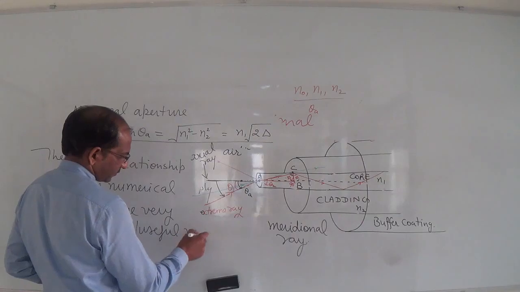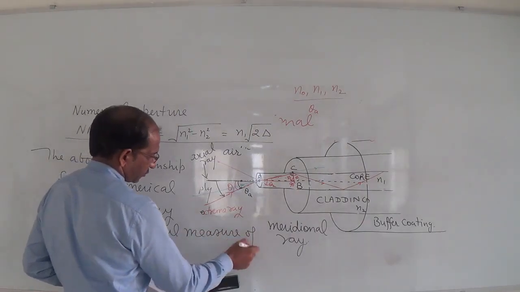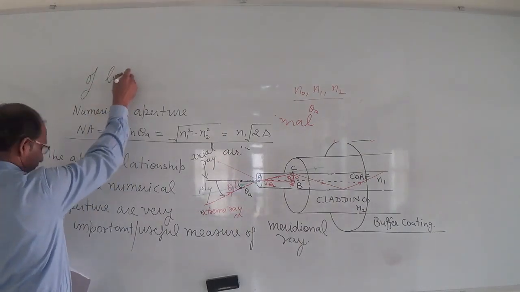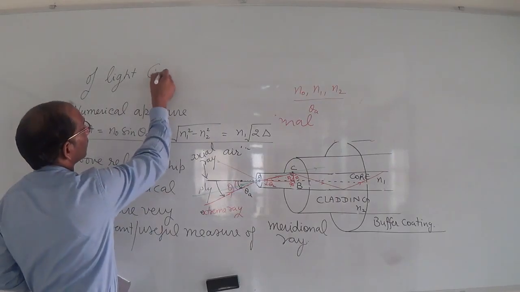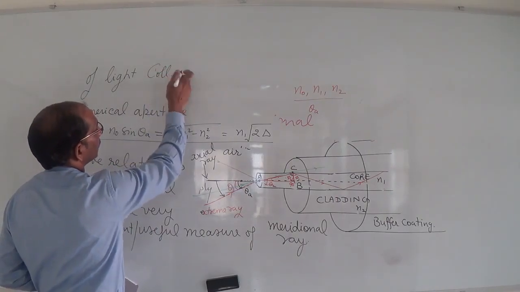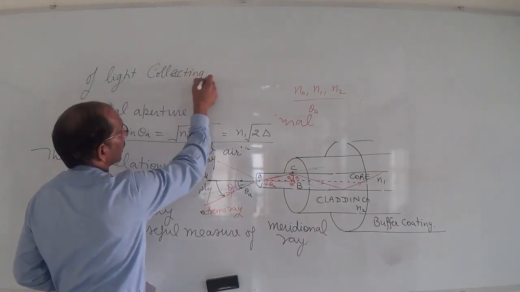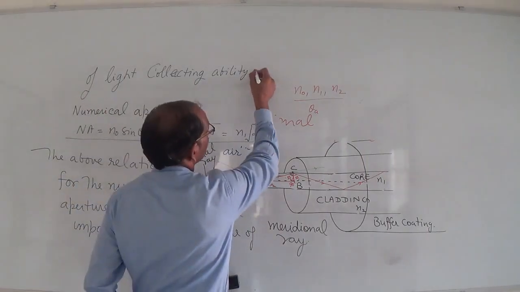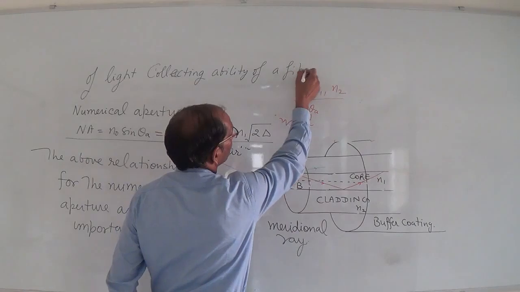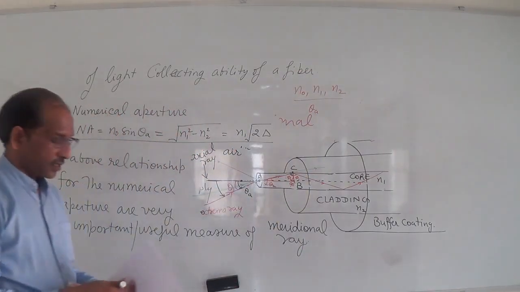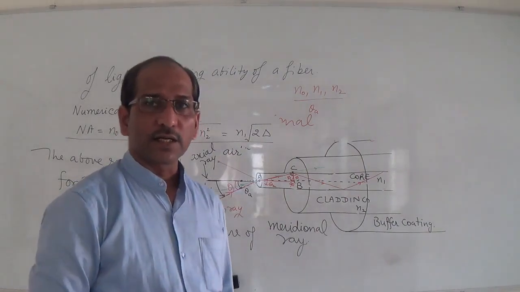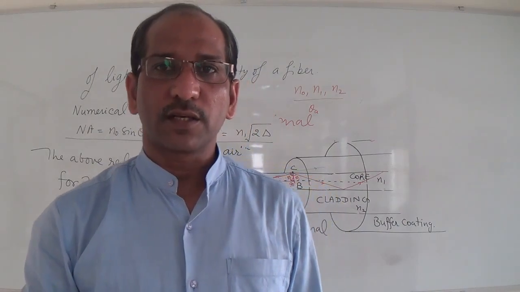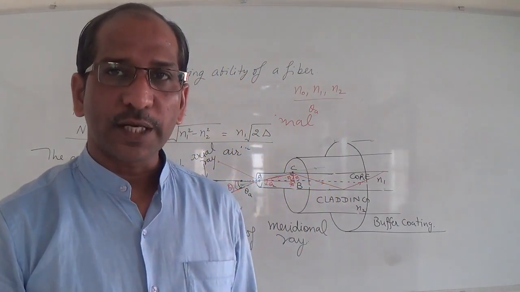It is a useful measure of the light collecting ability of a fiber. So generally we define the numerical aperture in terms of the light collecting ability of an optical fiber, the light gathering ability of an optical fiber.